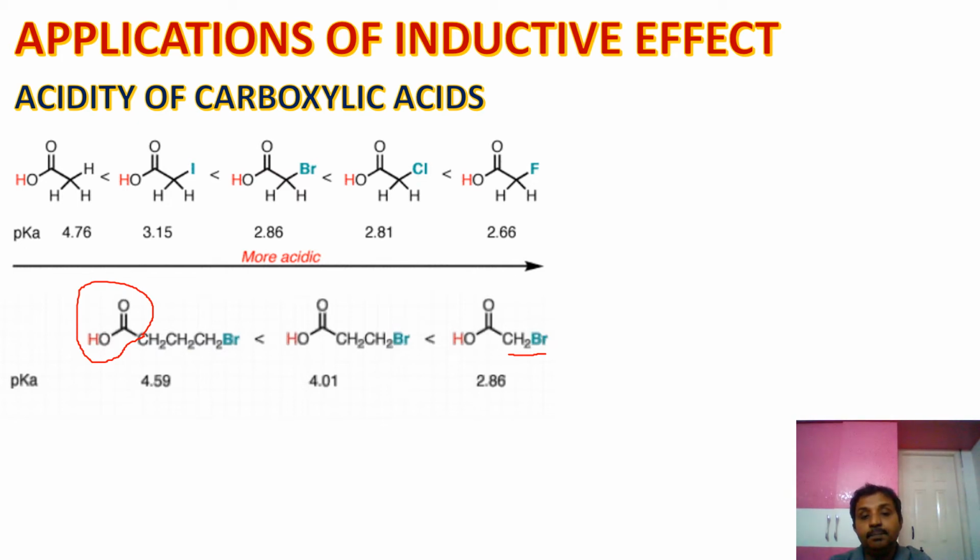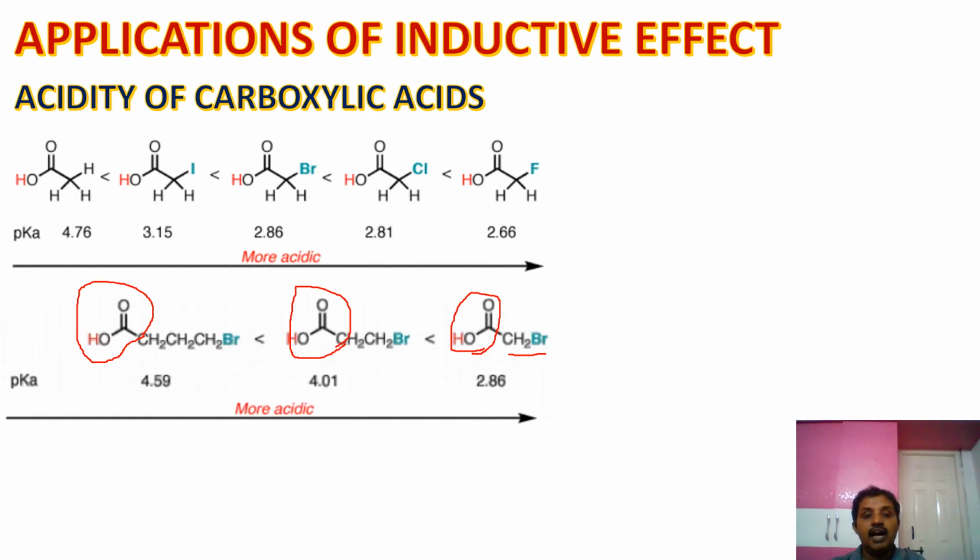As the bromine substituent moves away from the carboxylate group, the acidic nature decreases and the pKa value increases. So the acidic nature increases in the same way.